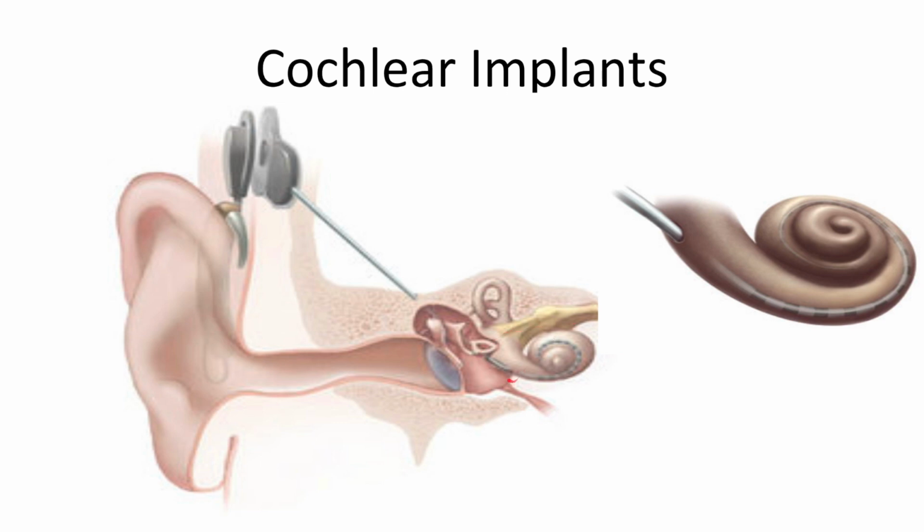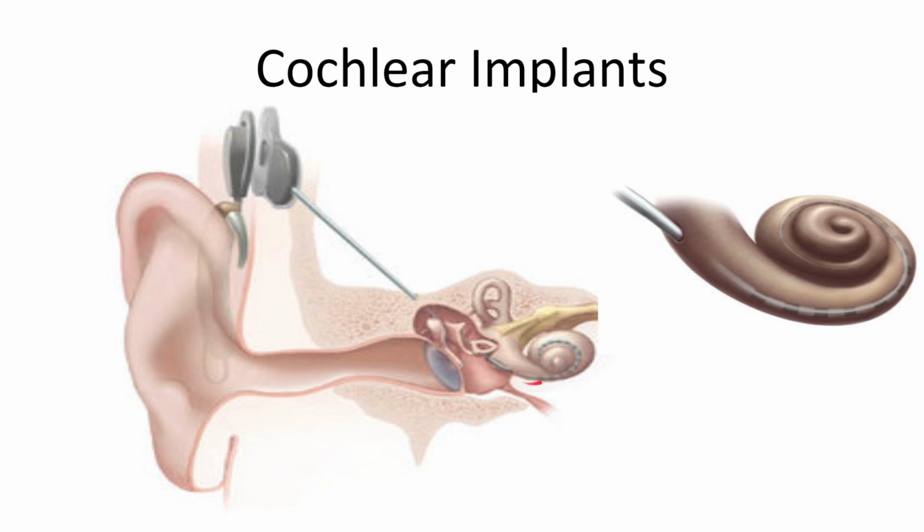But in the case of nerve deafness, where you have damage or dysfunction of those hair-like cells, the cochlear implant might be required. And the way the cochlear implant works is that it actually sits right along that basilar membrane and contains a series of little microelectrodes. So it can actually use little electric impulses to stimulate those auditory receptors.